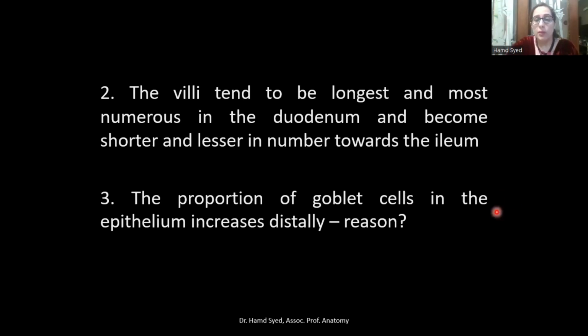So the number of goblet cells increases, and because of that, the mucus secretion increases, and this lubricates the contents of the small intestine. It lubricates the internal lining of the small intestine, and this facilitates peristalsis. And peristalsis is the movement or the propelling forward of the fecal contents from the proximal to distal direction.